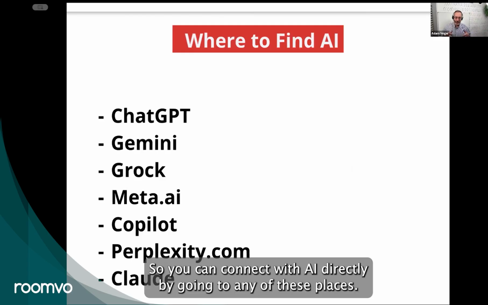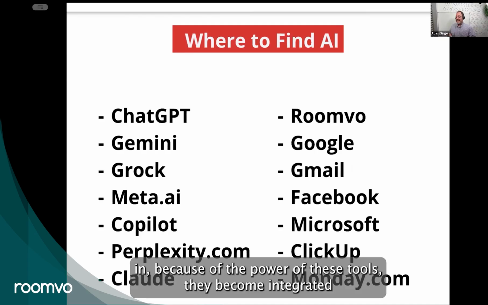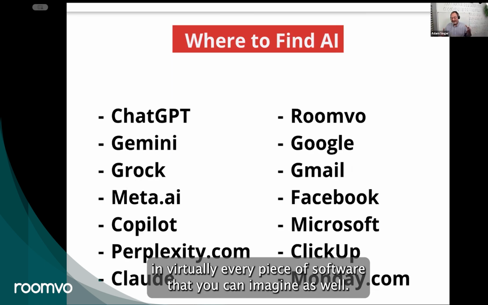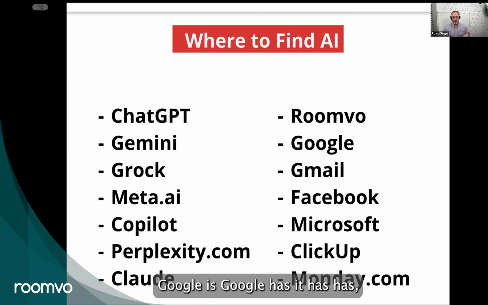So you can connect with AI directly by going to any of these places, or you'll find that because of the power of these tools, they become integrated in virtually every piece of software that you can imagine as well. Roomvo has its own AI experience that you can leverage. Google has Gemini and its own AI built in.